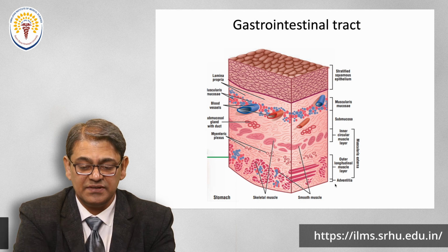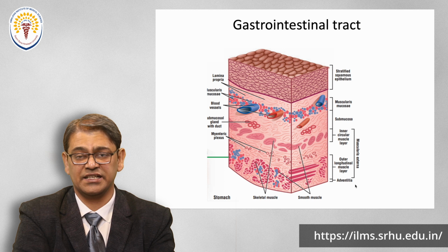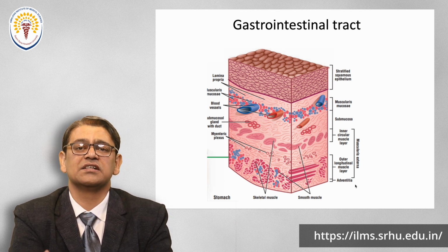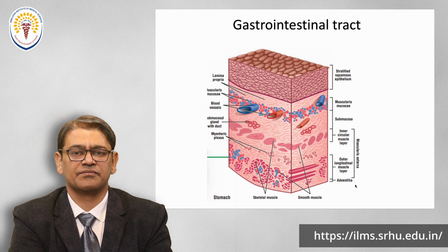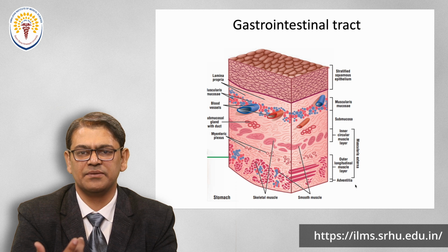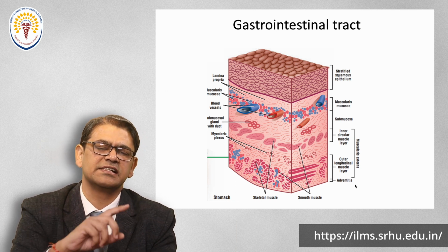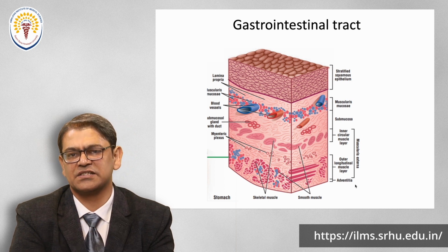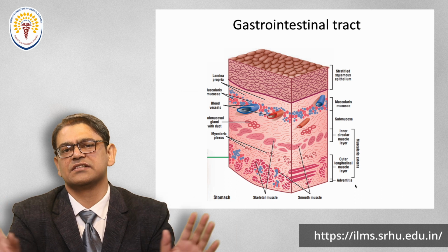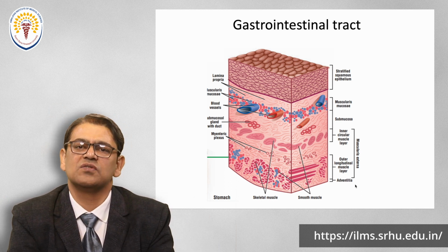On the last, outside, we have adventitia or serosa. The word serosa is not written here. What does it mean? Well, the answer lies in the gross anatomy of the organ. We know that abdominal organs are either covered with peritoneum or not. If they are covered with peritoneum, that means a simple squamous layer is present outside, because peritoneum is a single squamous layered structure, and then it is named serosa.